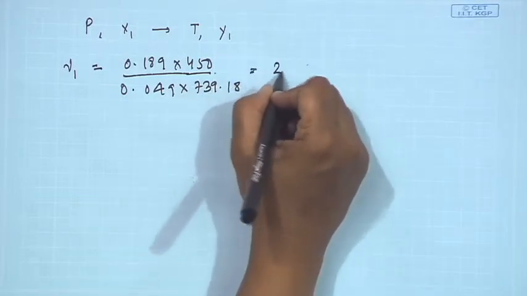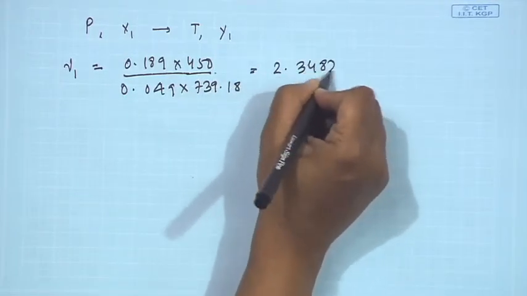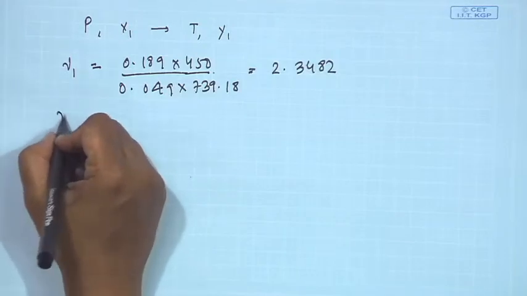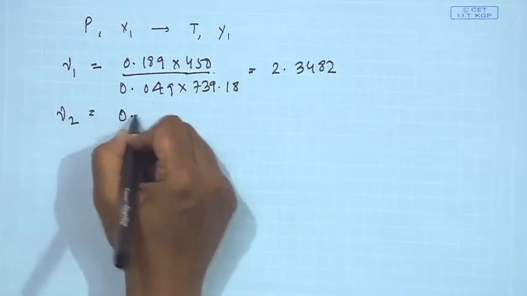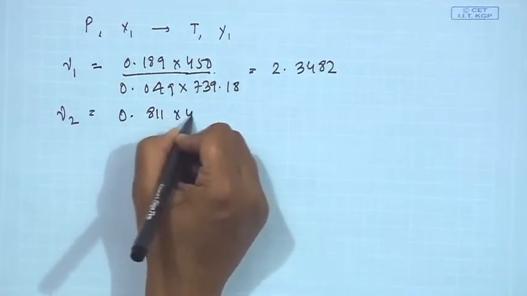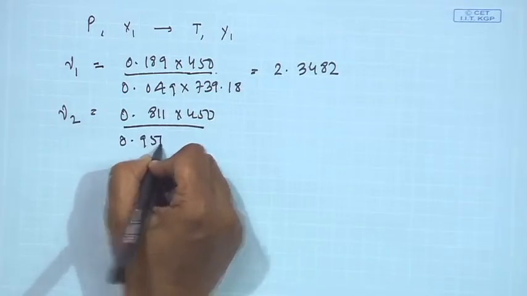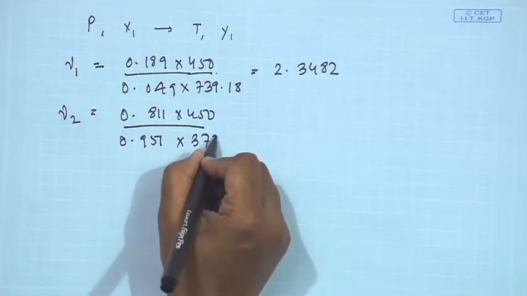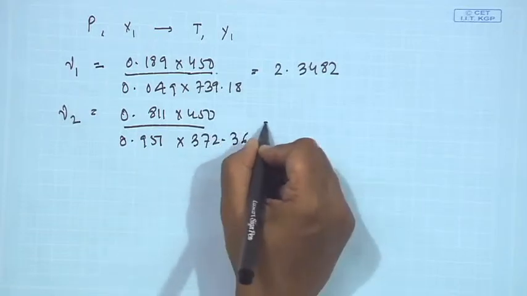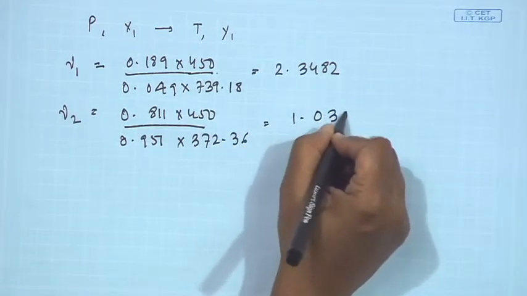Gamma 1 is 2.3482. Same way you can find out gamma 2: 0.811 into 450 by 0.951 into 372.36. This becomes 1.0306.